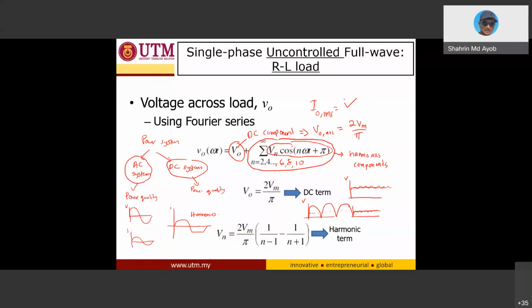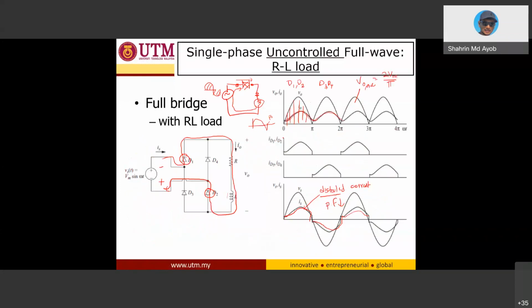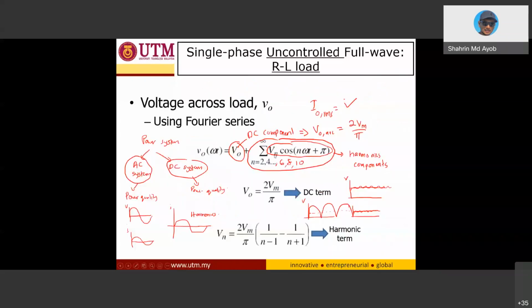So this waveform consists of a DC component plus some sinusoidal waveforms with a magnitude that you can calculate using this formula for Vn. The cosine has frequency n omega, so you need to multiply by the number.